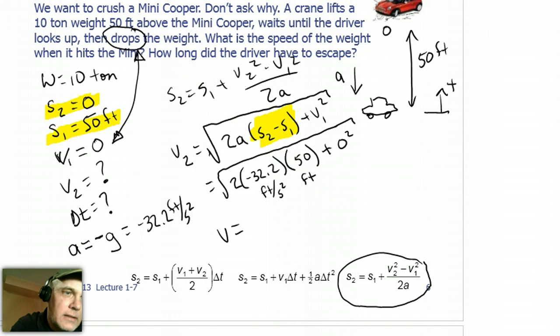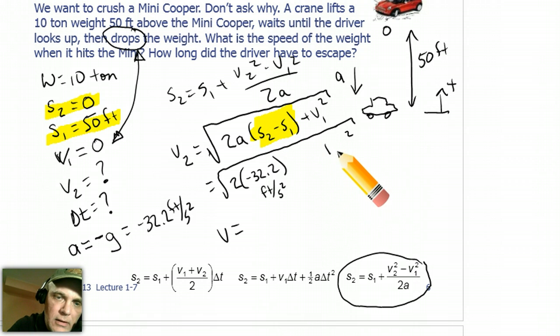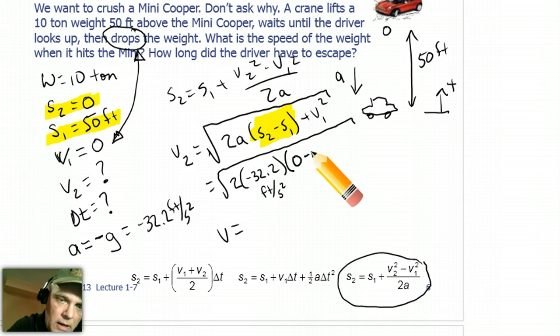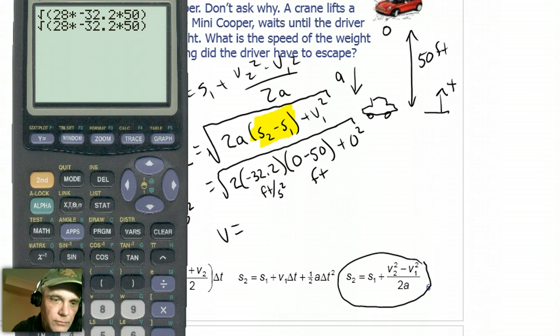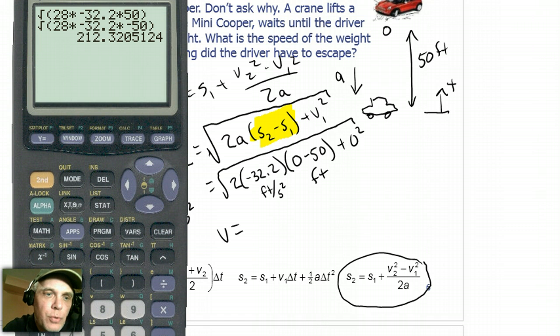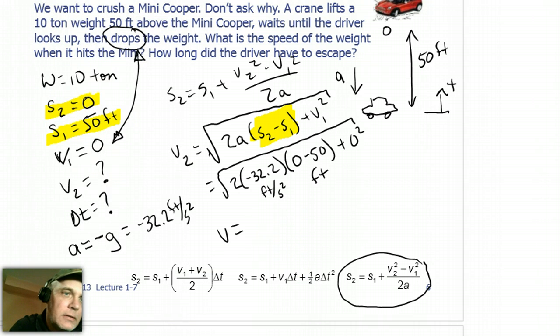I skipped a step here, and I should have written, let's scratch this out and rewrite it correctly: 0 minus 50 plus 0 squared. On my calculator that should be 212.3 feet per second.